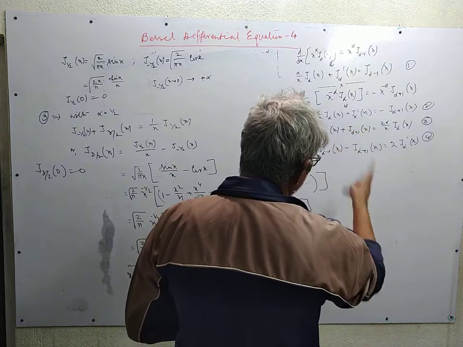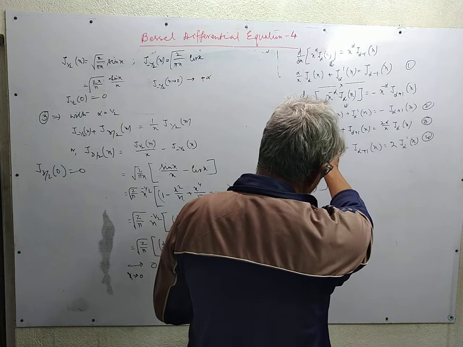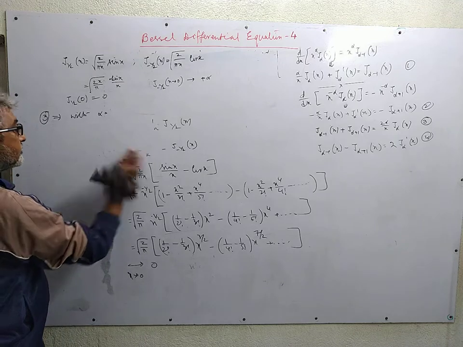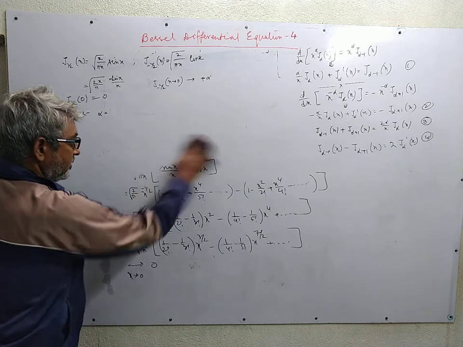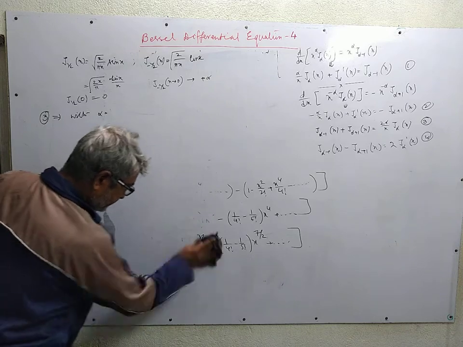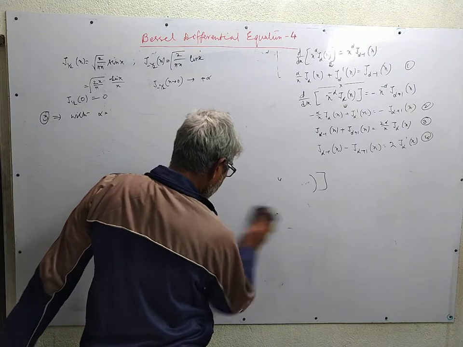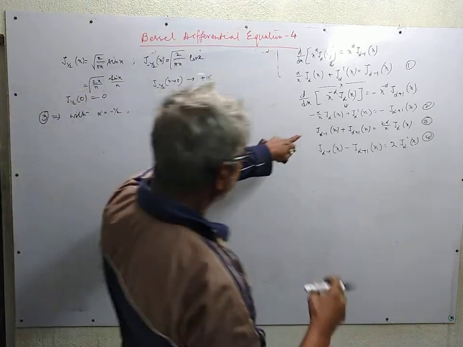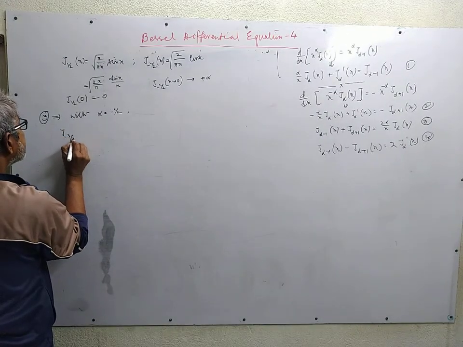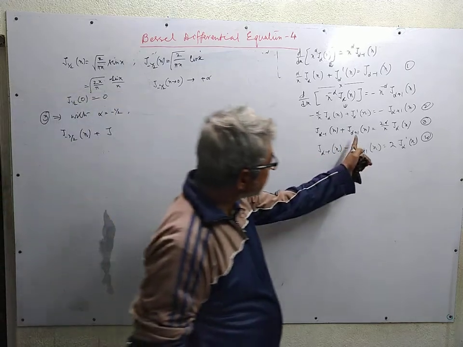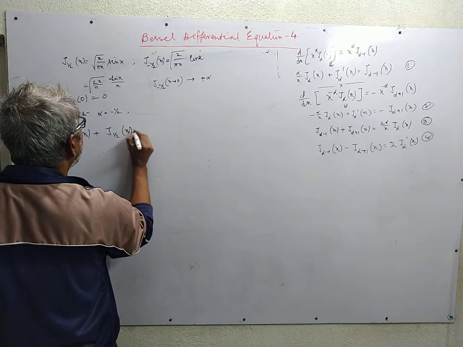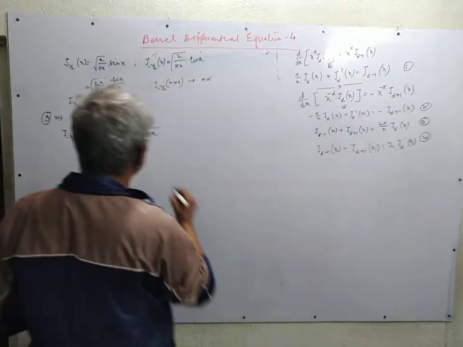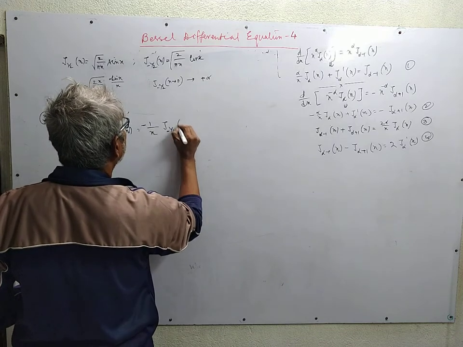If we put alpha is equal to minus half in equation 3, this gives j of minus 3 by 2 of x plus j of half of x, since alpha is minus half, equals minus 1 by x, j of minus half of x.